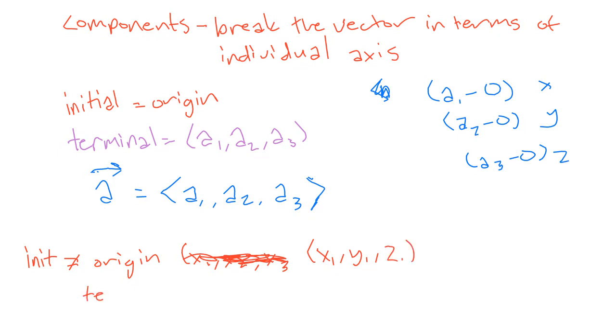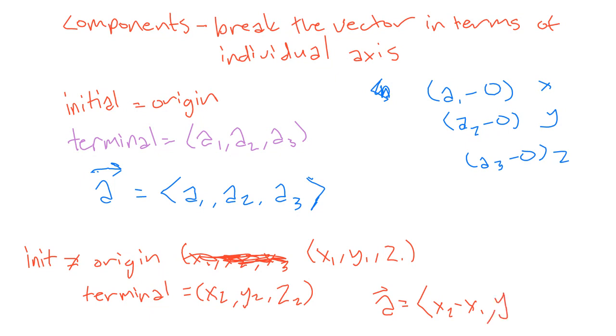And then our terminal point is going to be (x2, y2, z2). Once again, we're thinking about how far we moved in each direction, so the way we would define this vector would be ⟨x2 minus x1, y2 minus y1, z2 minus z1⟩.